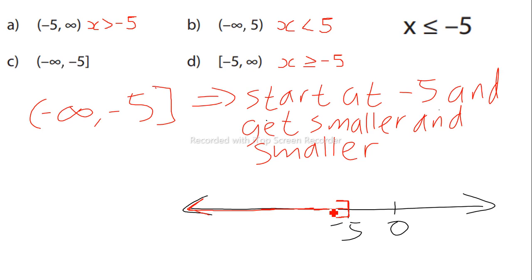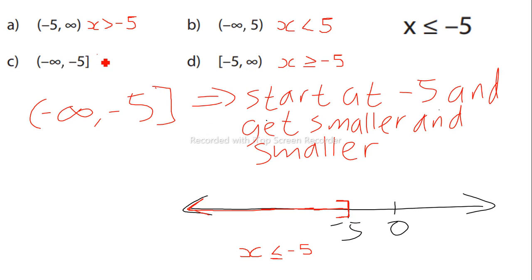And so if we take any number from this set, call it x, this number is definitely going to be less than -5, but it could also be equal to -5. So numbers like -6, -7, -8, -9, -10 are less than -5, but we also include -5, so we have less than or equal to.